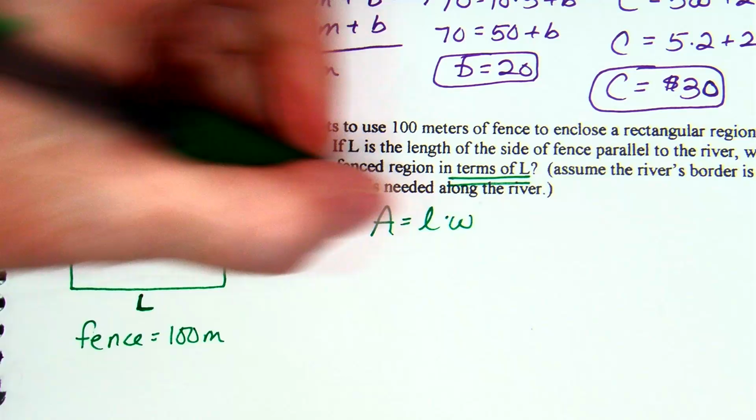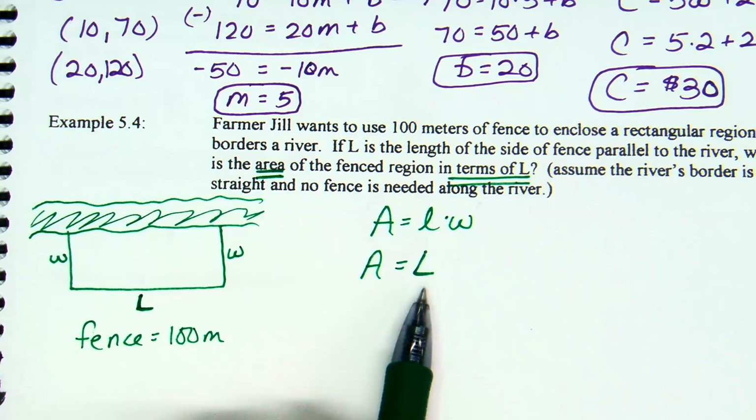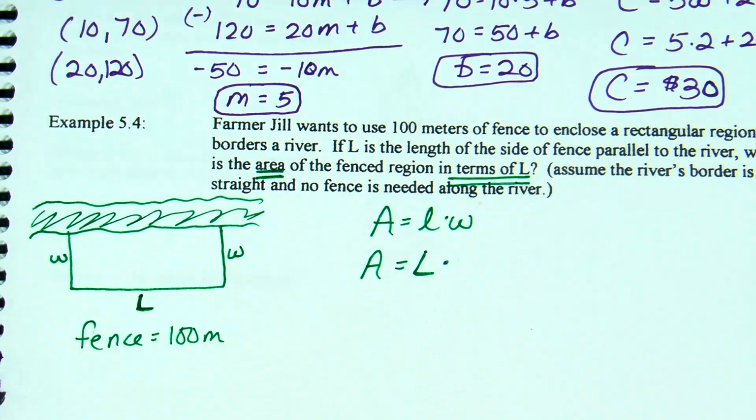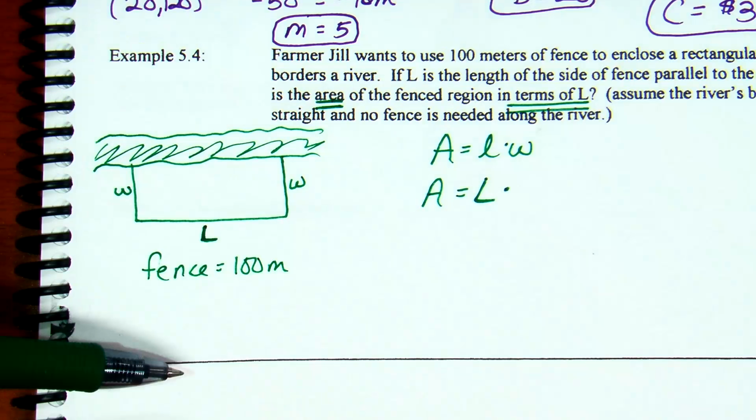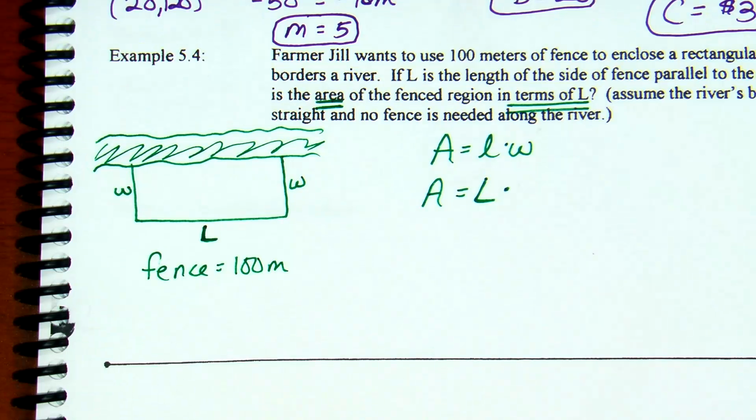For the length, we are officially using big L, aren't we? For the width, are we allowed to use a W? No, we want it in terms of L. So, let's go back to our drawing over here. We need to use this information here to come up with an equation that connects L and W. We're looking for an equation that connects the length and the width. So based on this information over here, what's an equation that connects the length and width?